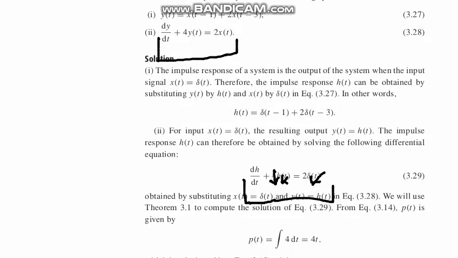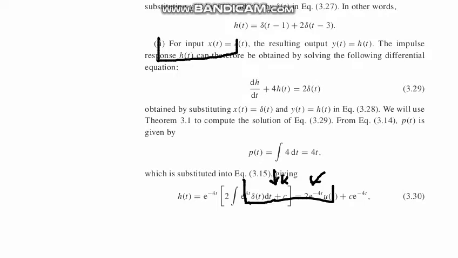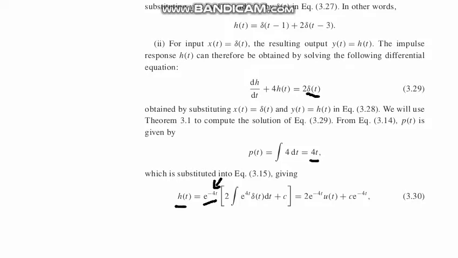So now look here, after integrating the f(t), you will get 4t. So e to the power minus p, that means e to the power minus 4t, h(t) is equal to 2 delta(t), integration of e to the power p, sorry, e to the power 4t, delta(t) dt plus c.